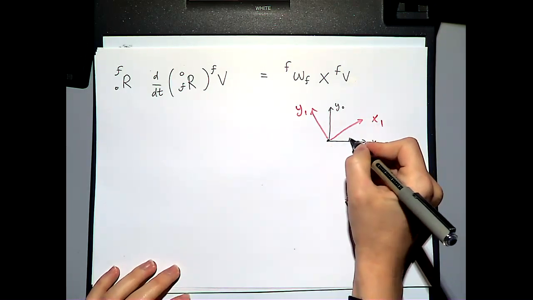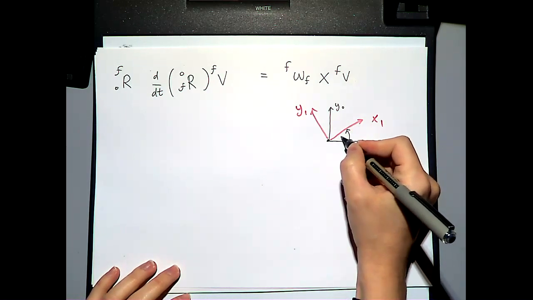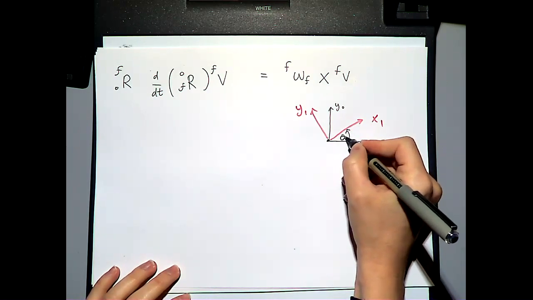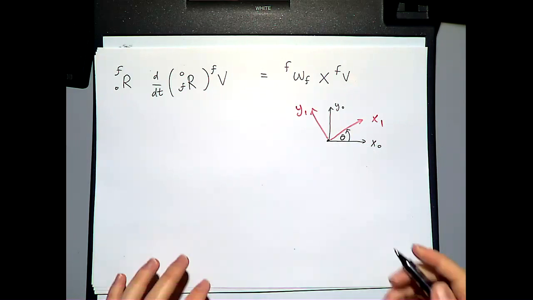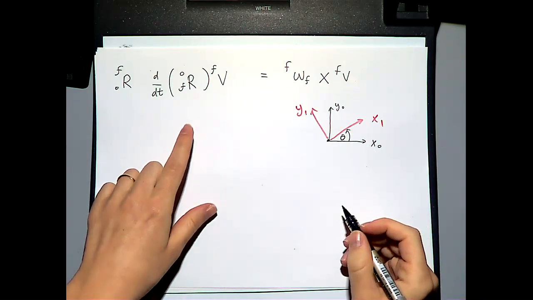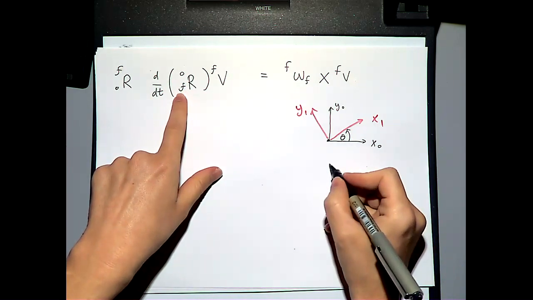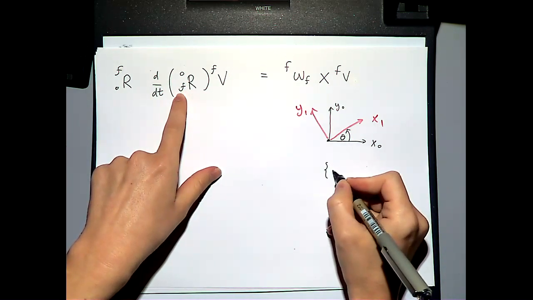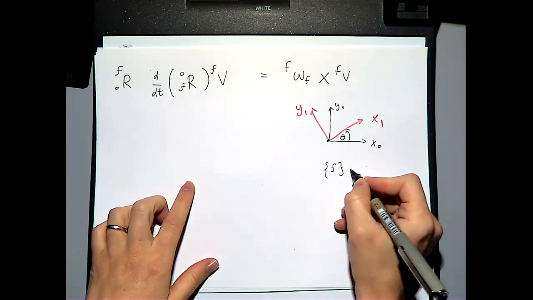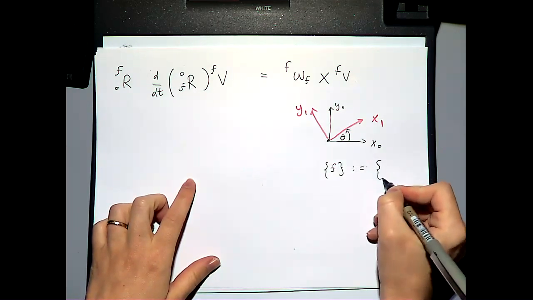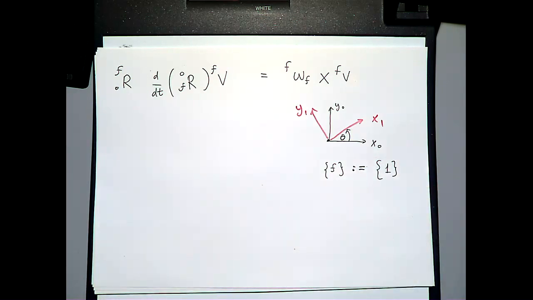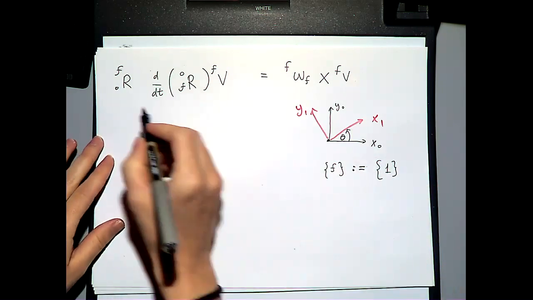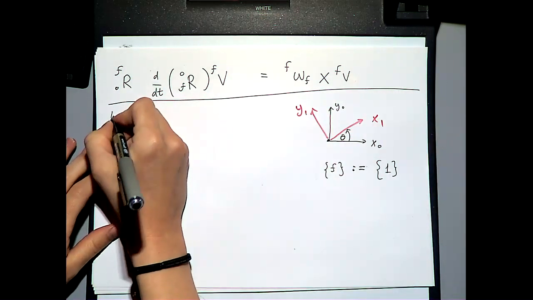And this angle is what? Theta. Okay? So in our example, this F will be frame 1. Okay? I'll define it as such in this example.